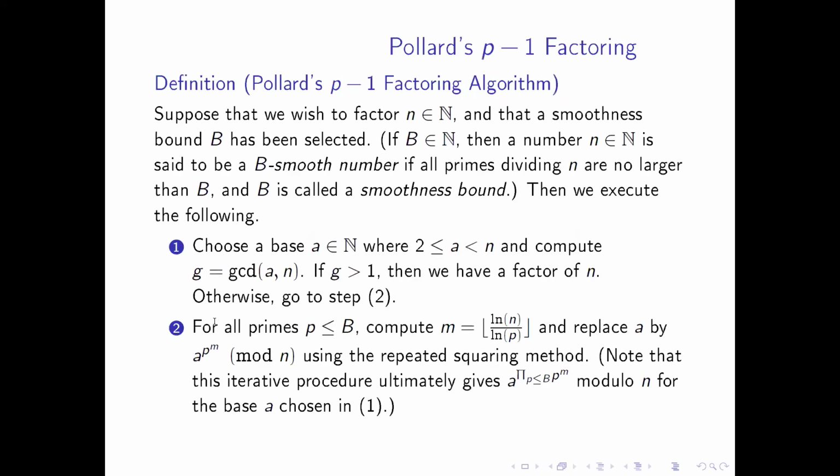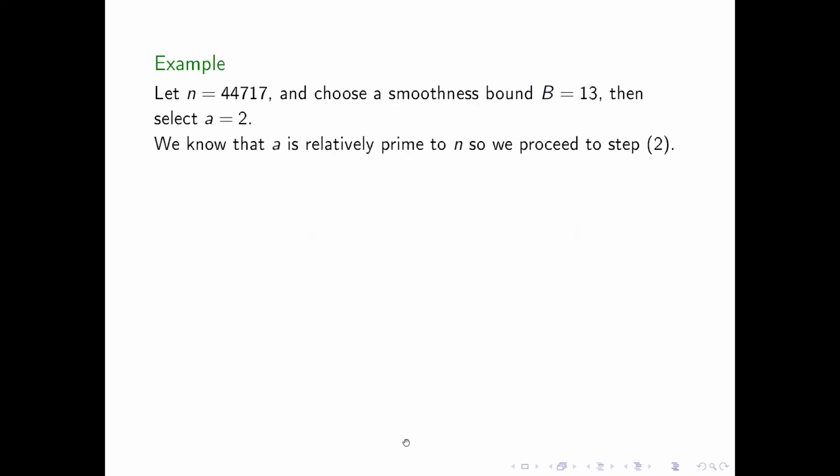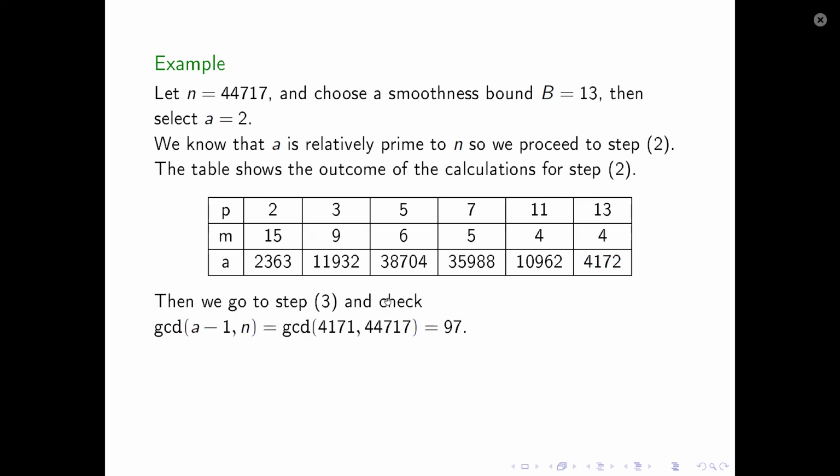Then we need to take the greatest common divisor of a minus 1 and n. As a quick reminder, a is this value right here because we're replacing a every single time. We do a calculation and put it back in as a so we can use it in the next step.